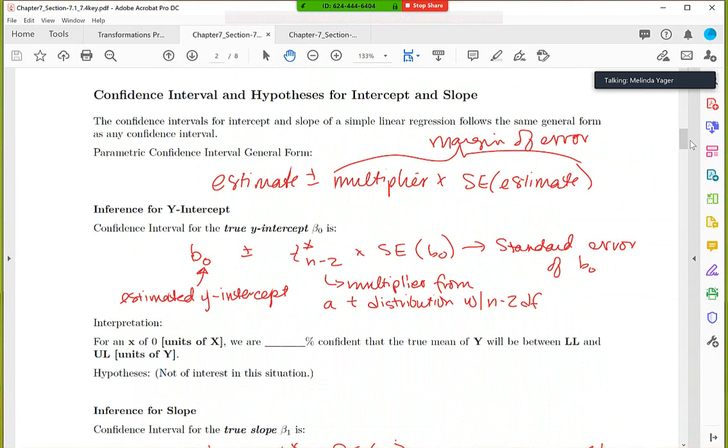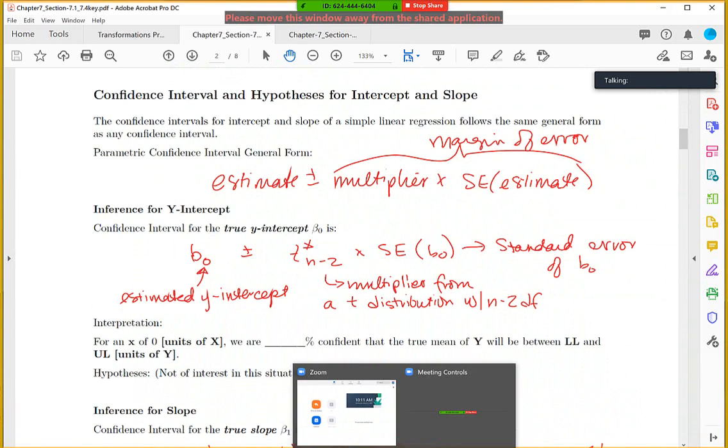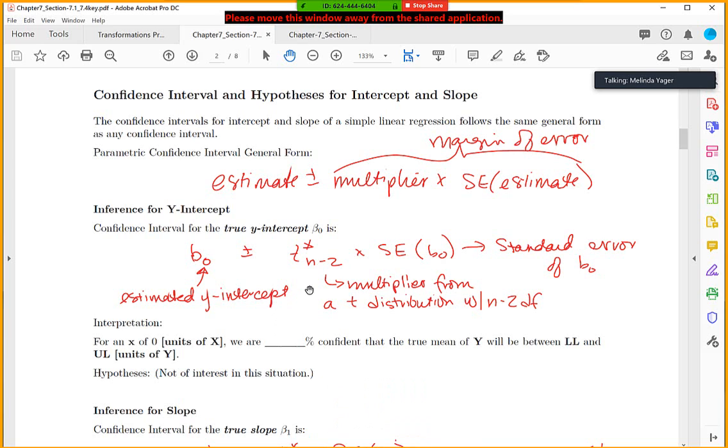Thinking about our basic idea of confidence intervals, we have our estimate plus or minus the multiplier, and we use a t-star multiplier with n minus 2 degrees of freedom. And then we're multiplying times the standard error of our estimate, whatever estimate we're looking at.